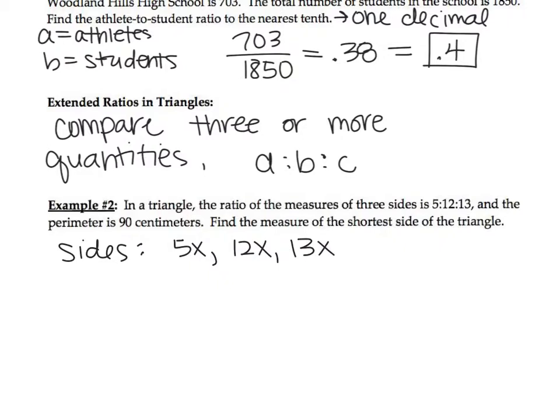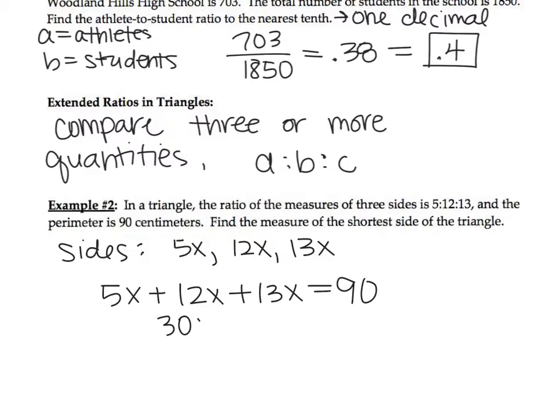We know our perimeter is 90, so when I add all of my sides together, we'll get 90 centimeters. So we can say 5x plus 12x plus 13x equals 90. Combining the like terms on the left, we get that 30x equals 90.